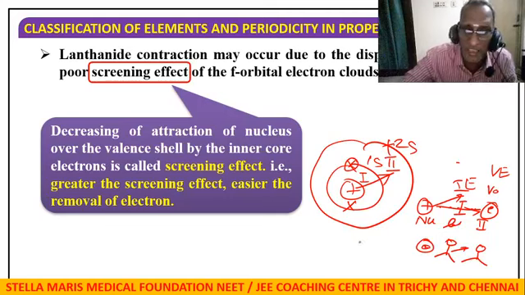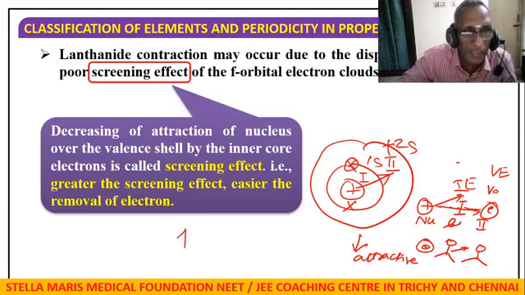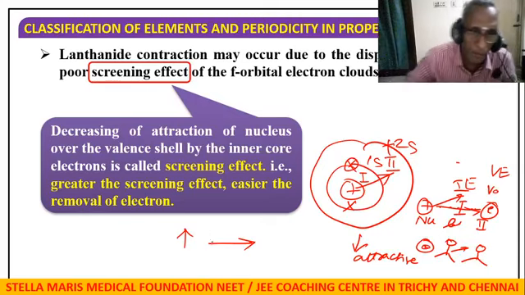Because of the screening, there is a reduction in attractive force. So when the screening effect increases, the electron will easily move away. Generally, if somebody screens others, he may help him to escape.